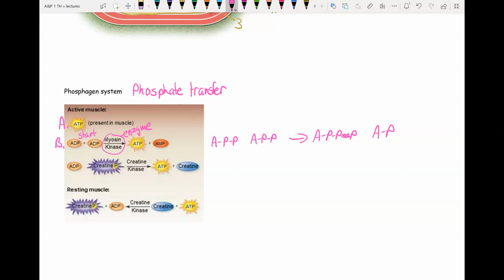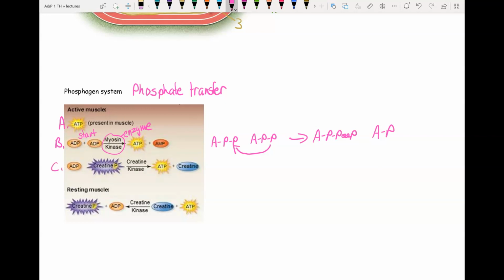So hopefully this is pretty simple to figure out. All this enzyme did was take a phosphate from one ADP and give it to the other. So you started out with 2 adenosines, each with 2 phosphates. You take one away, give it to the other. Now you have an adenosine with 3 and you have an adenosine with 1.